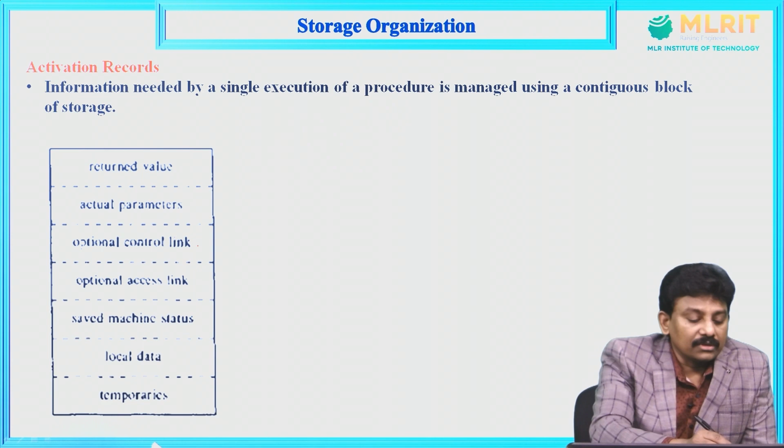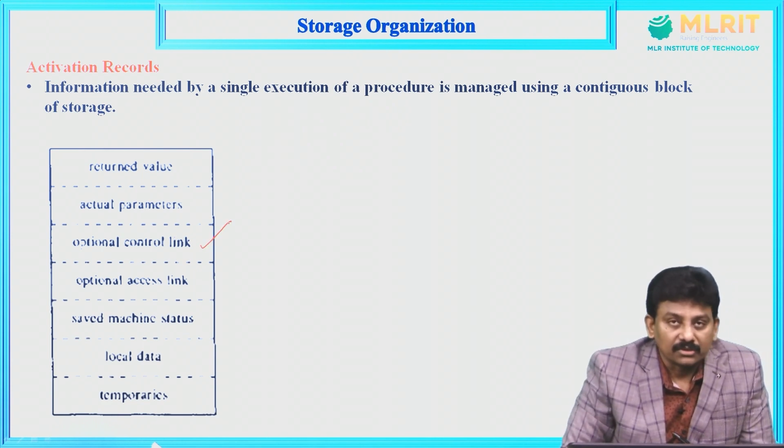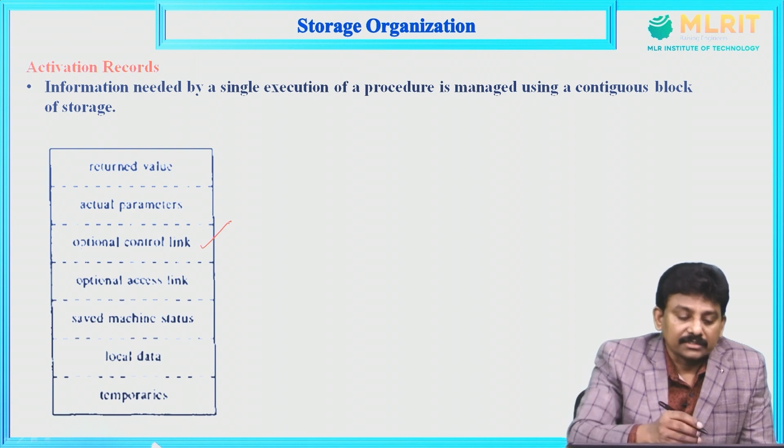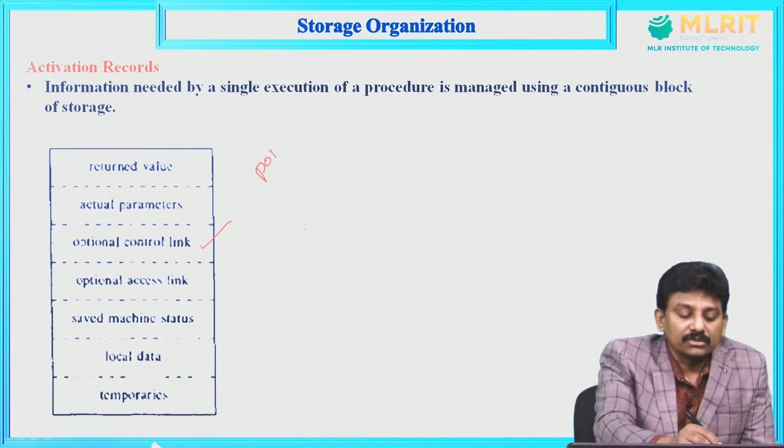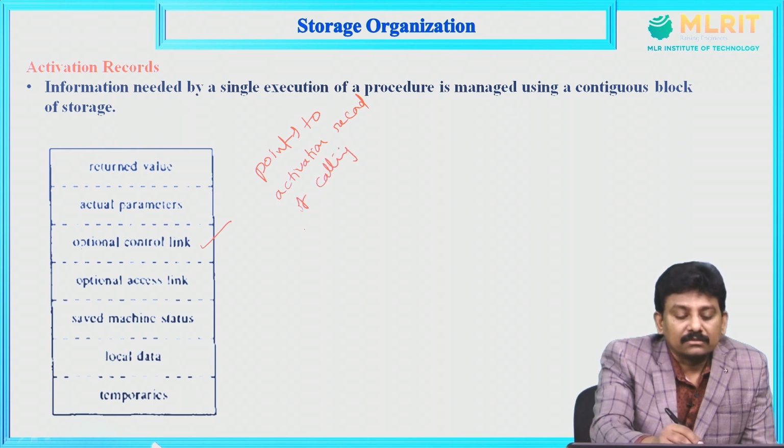Next, the control link. This is also an optional control link. It points to the activation record of the calling procedure.